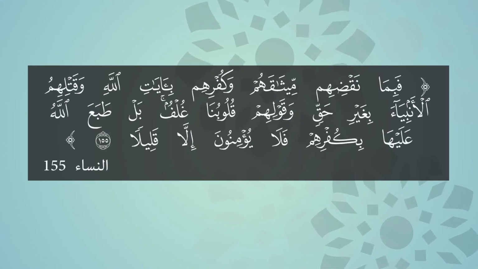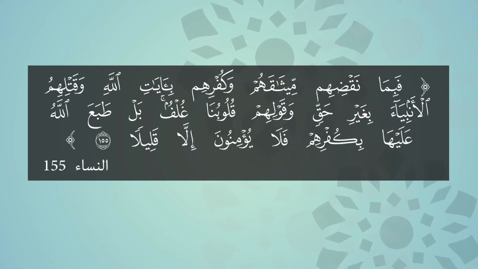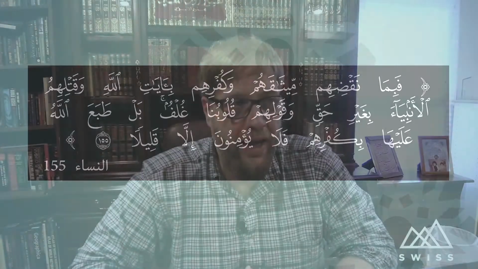And then the 3rd is idhar, if any letter other than lam or ra comes after bel, you are going to read it with the idhar of the lam. Bel taba Allahu alayha bi kufrihim wa la yu'minuna illa qalila. In Surah An-Nisa.